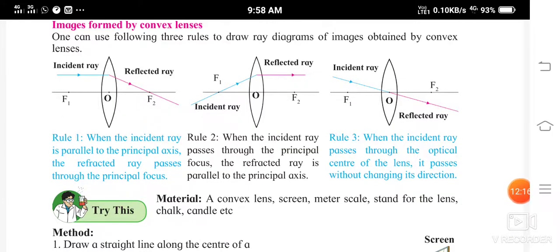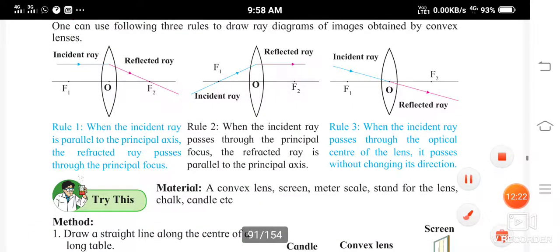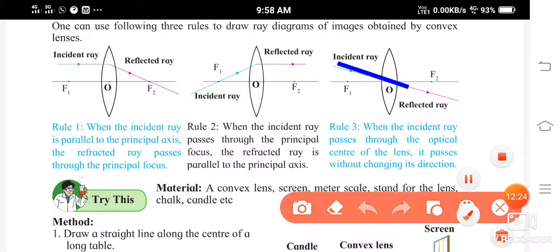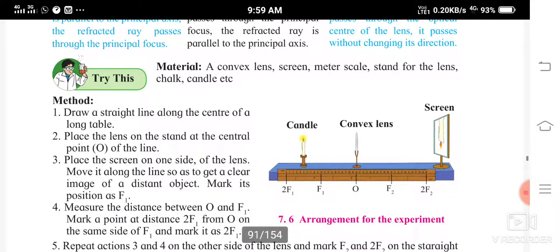Third, when the incident ray passes through the optical center of the lens, the refracted ray passes without changing its direction. You can see here the ray passes without changing its direction.